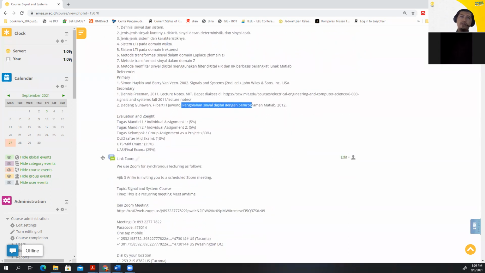The evaluation for this class is, first, the individual assignment, which is 5%, and then the group assignment as a project.